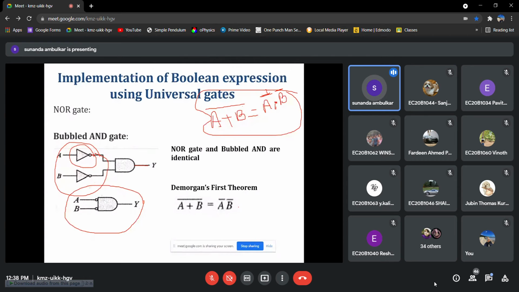According to De Morgan's theorem, if bubbled AND gates are involved, we can replace those bubbled AND gates with the NOR gate. We will utilize this equivalency in the implementation of Boolean expressions. That's why I am considering this notation here. So this bubbled AND is equivalent to NOR.